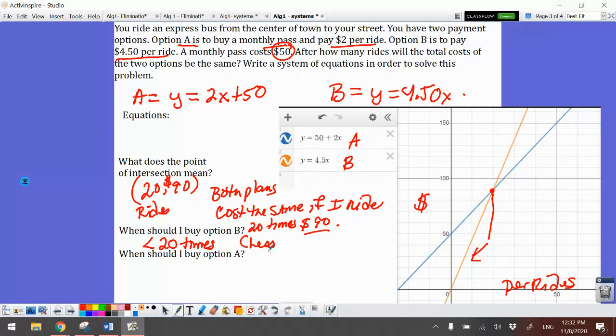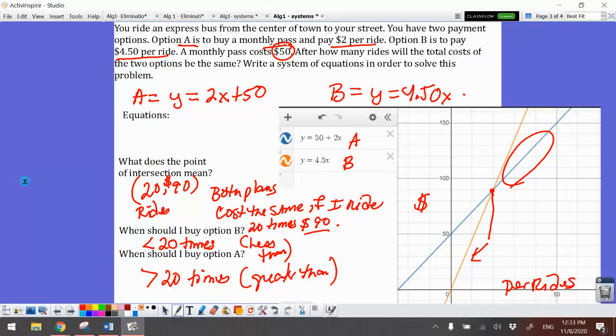So that's less than. Okay, if I'm going to ride less than 20 times, I should pick option B. So then if I'm going the other direction and I want the blue, when is the blue better? Well, you're right. That's going to be greater than 20 times. And that is greater than.